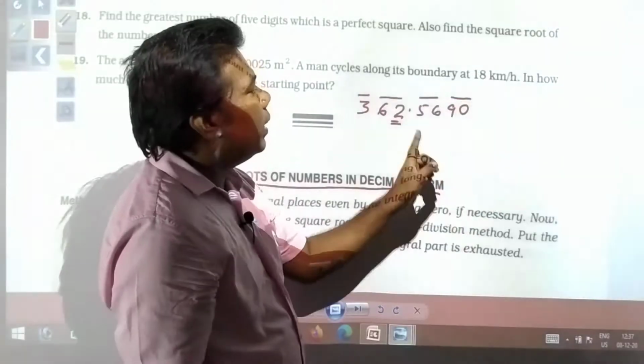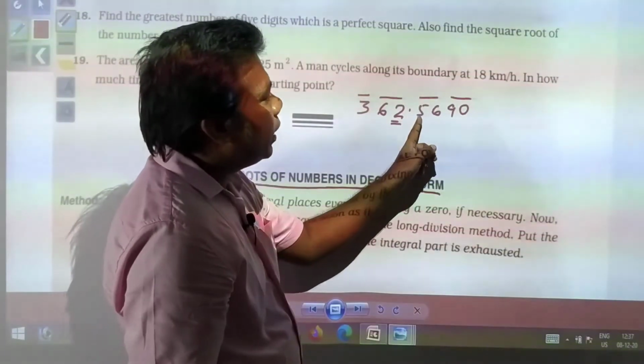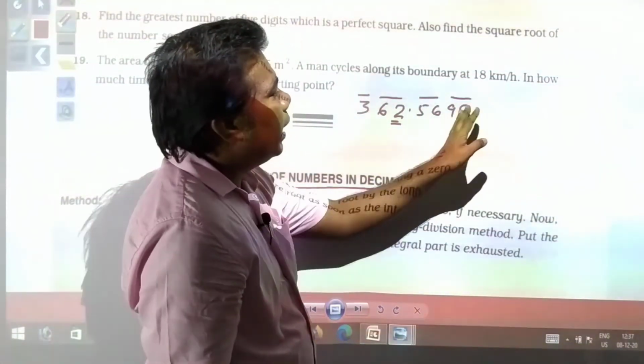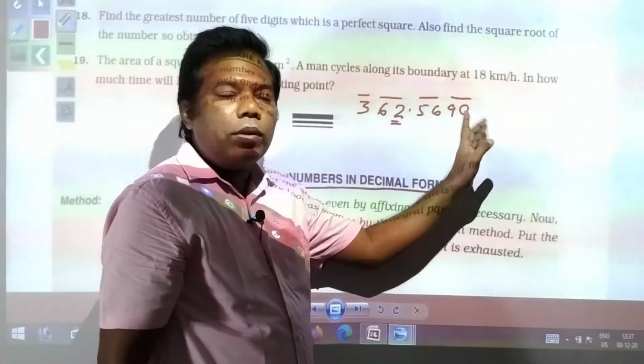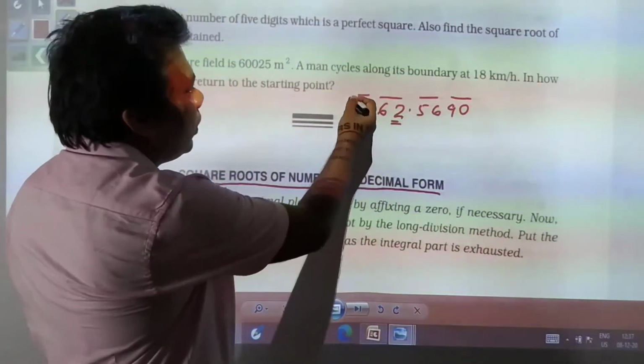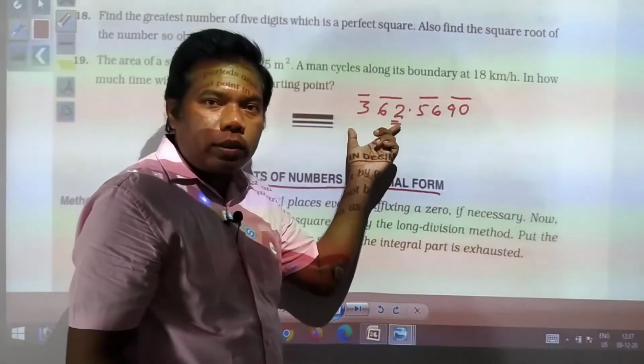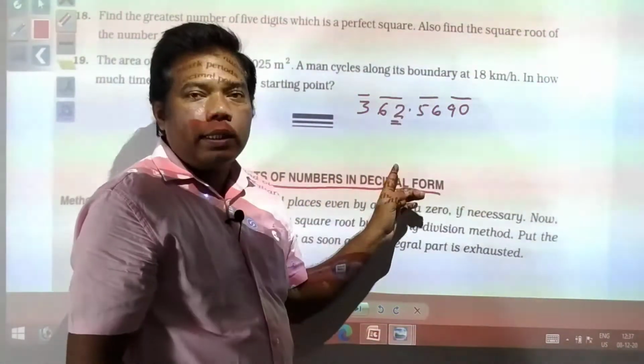On the right side we start after the decimal and pair them, and if required, 0 can be put on the right side. Like this we do it first, and then we start, and as the integral part is exhausted we need to put the decimal.